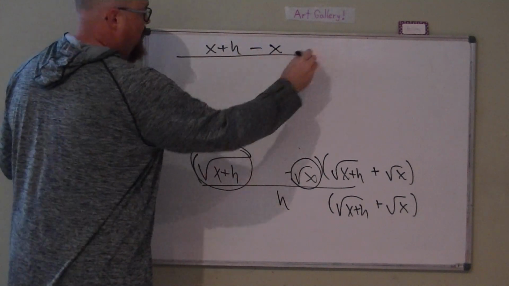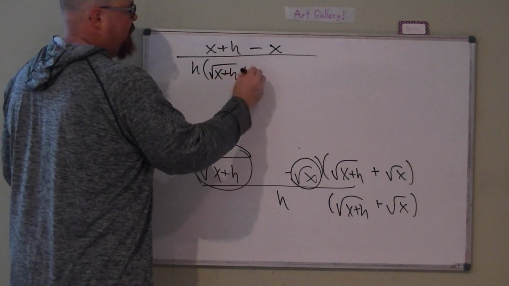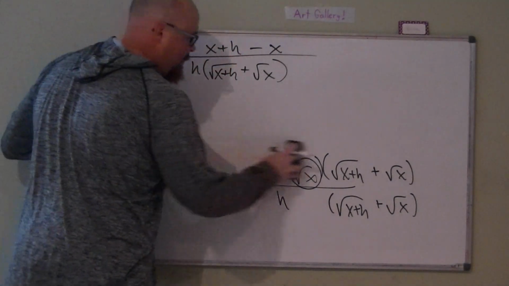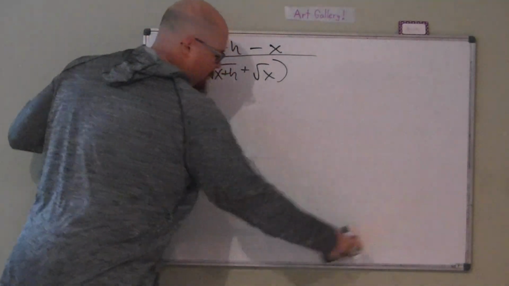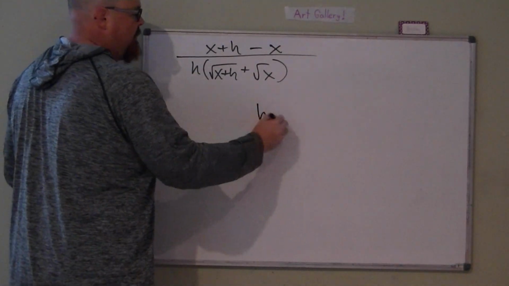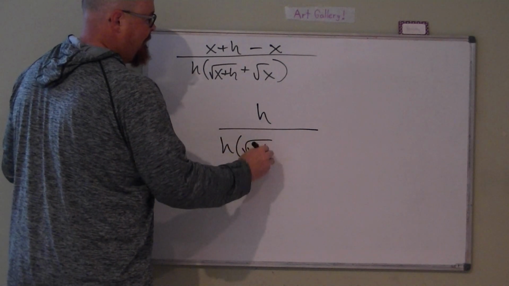Now on the bottom, it's a whole lot messier. We have the square root of x plus h plus the square root of x. It looks like this. But from here, hopefully you see what's going to happen. What's going to happen on the top? x minus x disappear.